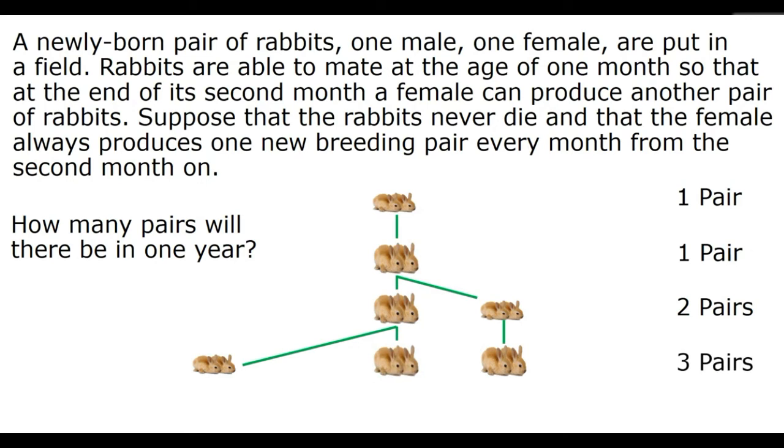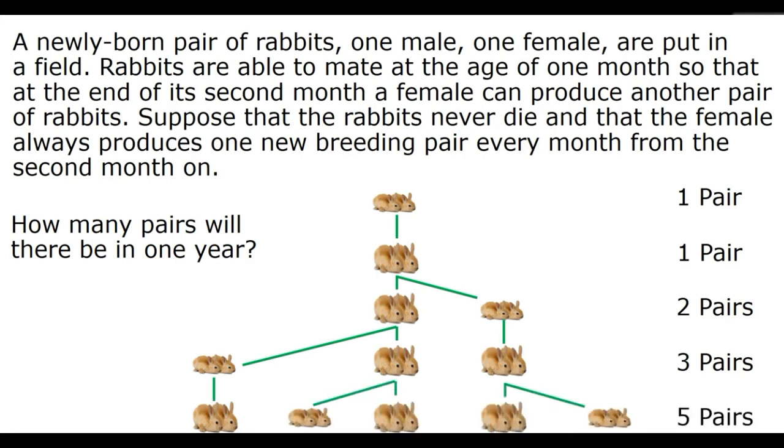At the end of the fourth month, the original female has produced yet another new pair. The female born 2 months ago produces her first pair, also making 5 pairs. And the pattern continues. As you observe, the numbers of pairs 1, 1, 2, 3, 5 are the first terms of the Fibonacci sequence. Amazing, right?